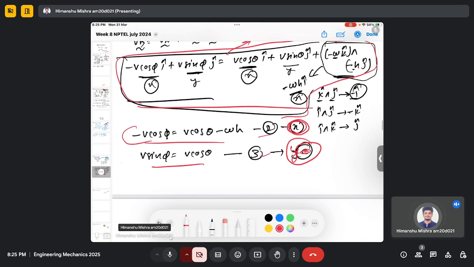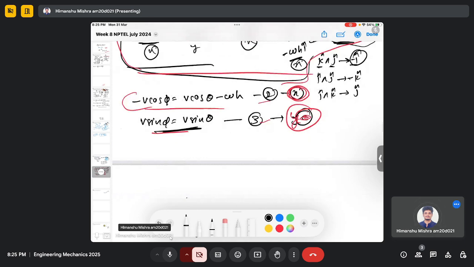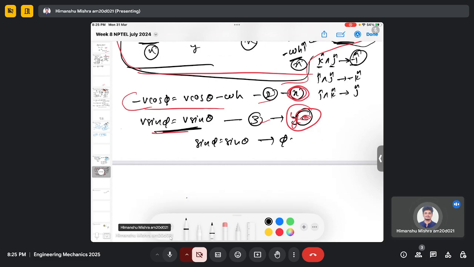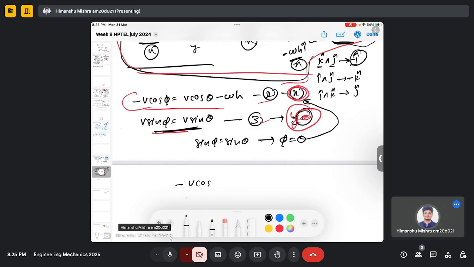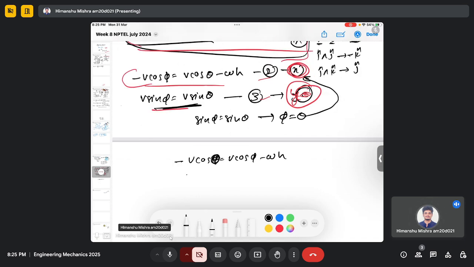Sorry, this is sine, right? From equation 3 you can see that sine phi equals sine theta, which will give you phi equals theta. And you can use this in equation 2. So it will be v cos phi minus omega h, or you can write it in terms of theta because both are the same.